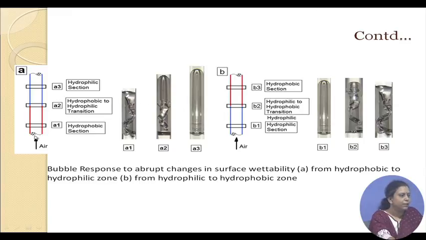We found that when it was rising through the hydrophilic section, the bubble assumed the nice rotationally symmetric shape. Then the moment it entered the hydrophobic section, the first change occurred in the nose, because the nose first came in contact with the hydrophobic wall. Immediately the moment it entered, the nose was initially trying to maintain its spherical shape.